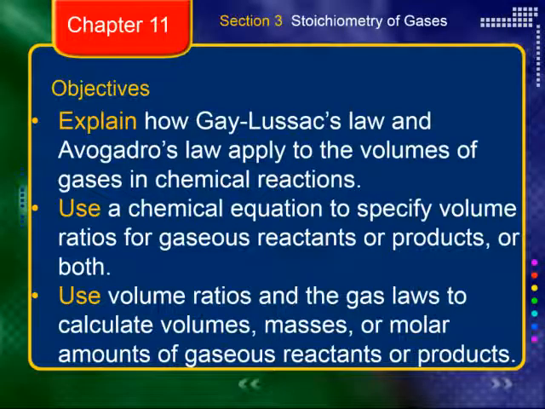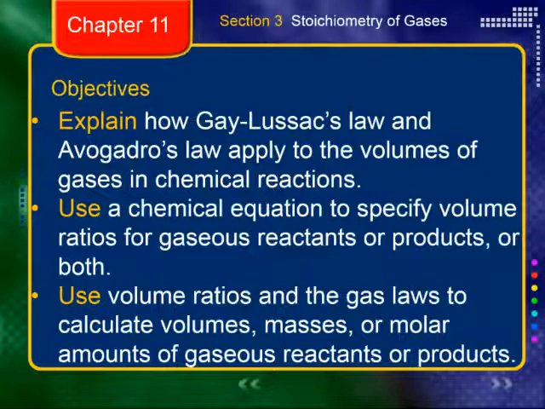All right, chemistry, let's take a look at our video lecture, starting with Chapter 11, Section 3. After today's lecture, I want you to be able to explain how Gay-Lussac's law and Avogadro's law apply to the volumes of gases in chemical reactions.